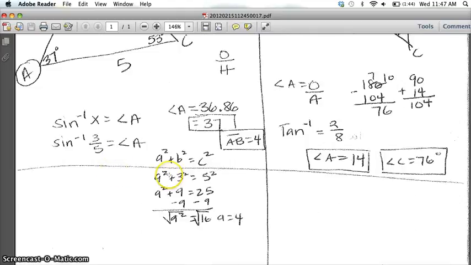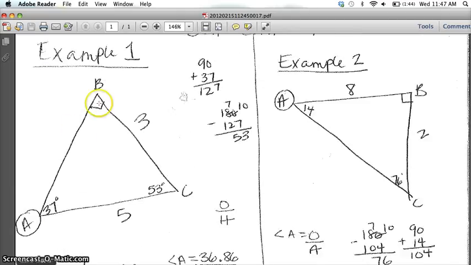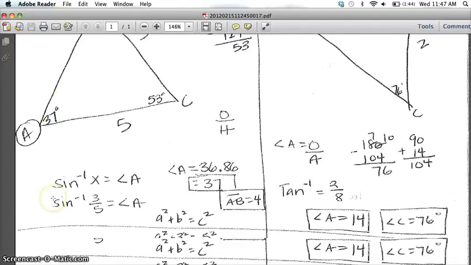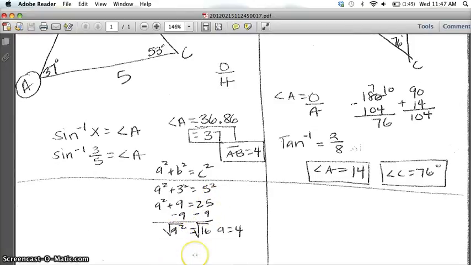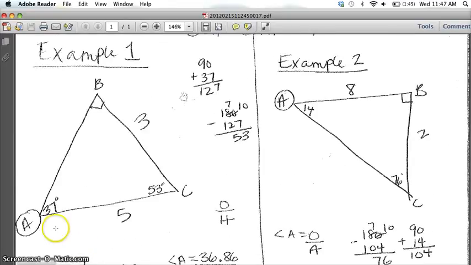So a squared, because we don't know a, that is side AB, that's what we're trying to find. So a squared plus 3 squared is equal to 5 squared. 3 squared is 9, and 5 squared is 25. You subtract 9 from both sides, and you get a squared is equal to 16. You find the square root, and a is equal to 4. So side AB is equal to 4.